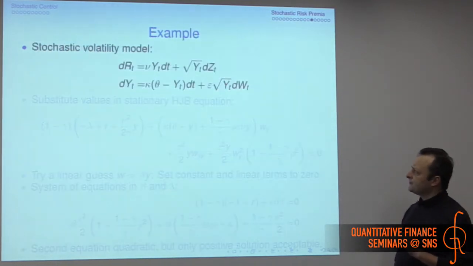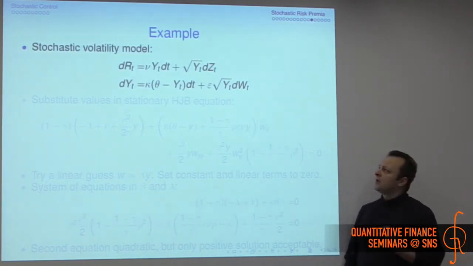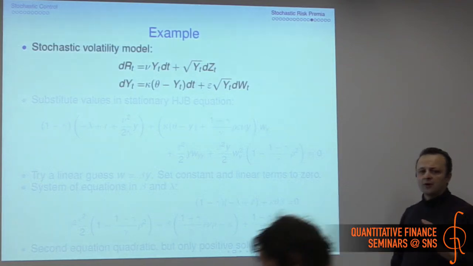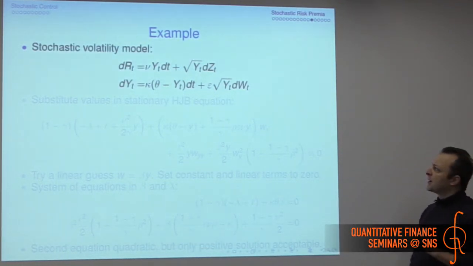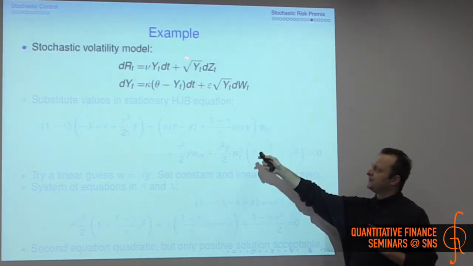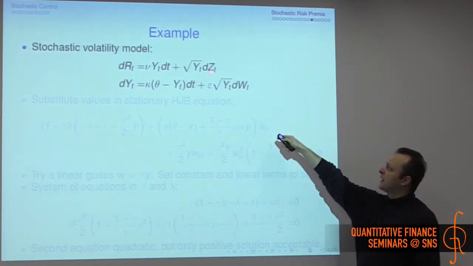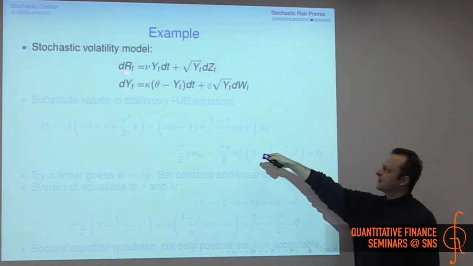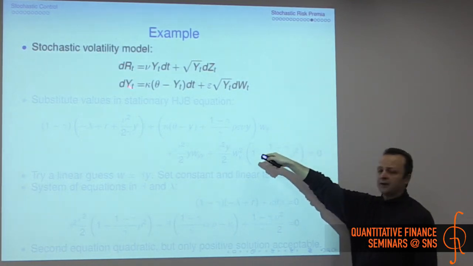Now let me show you an example at work where we can actually solve the Lagrange problem and we get a constant solution. So we're going to take this simple stochastic volatility model in which we have two sources of noise. One is the Brownian motion that drives the asset, and the other is the Brownian motion that drives the state.